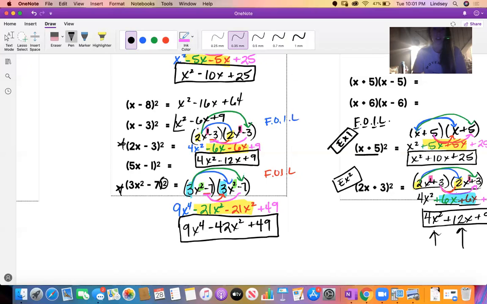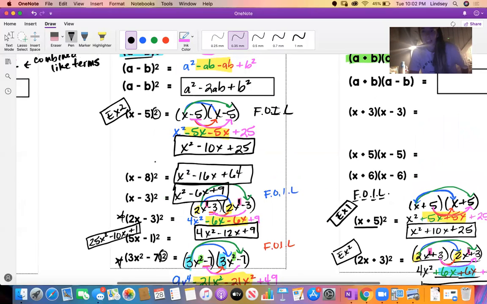Sorry that this is all sloppy. And then this one down here, you should have gotten 25x squared minus 10x plus 1. Okay, so that is the square of difference.